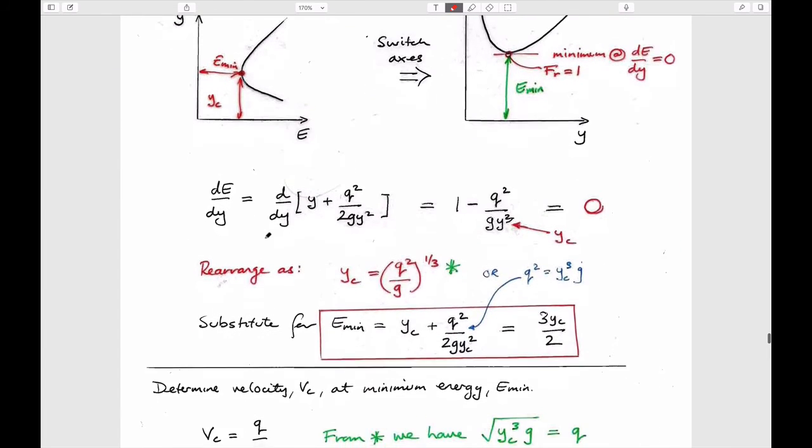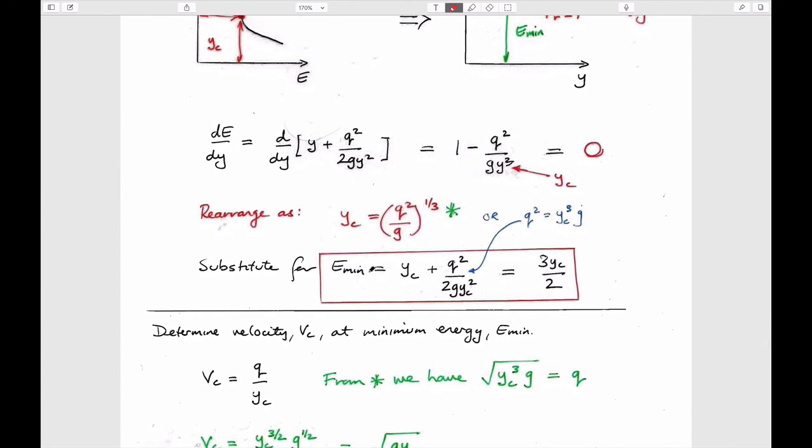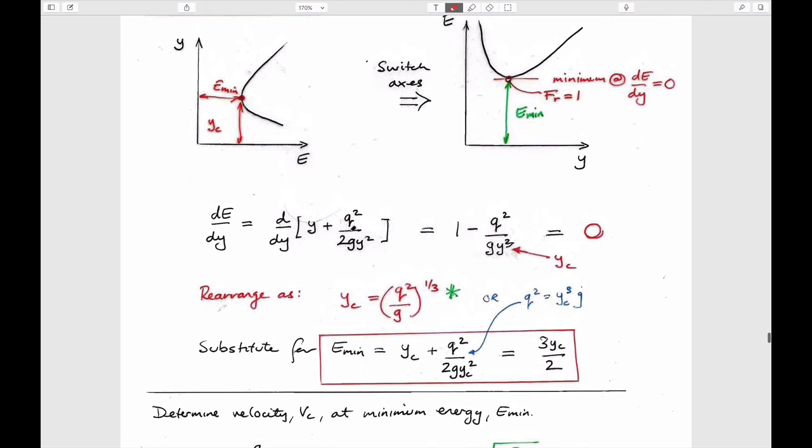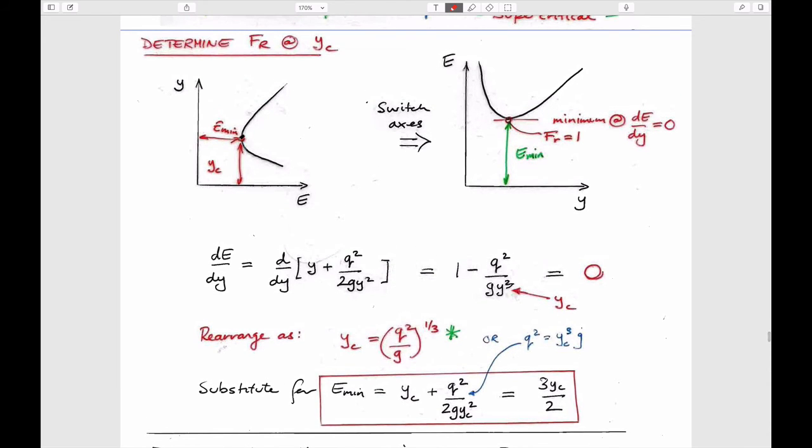And so in terms of these, I guess this is the other relationship, is that this nose on the energy line plot is the minimum energy within the system and is given by a particular depth, which is the critical depth. Critical depth at which the minimum energy occurs, which is also the place where the Froude number is equal to 1.